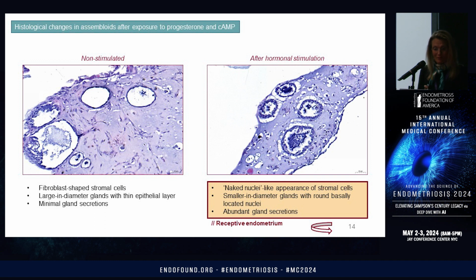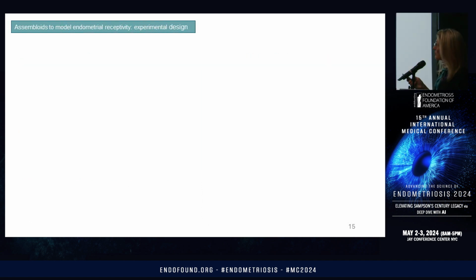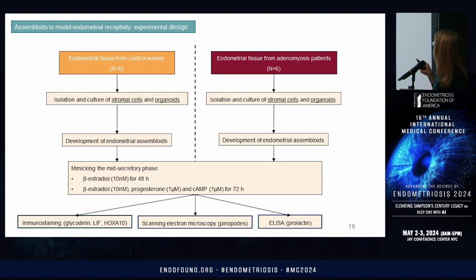Will assembloids be a good model to study endometrial receptivity? Well, that is the purpose of the study I am showing you now. We take 6 biopsies from healthy patients and 6 biopsies from adenomyosis patients.